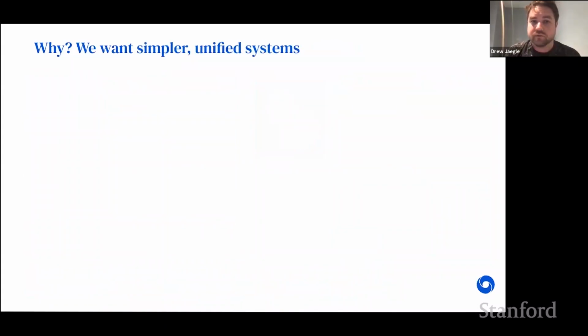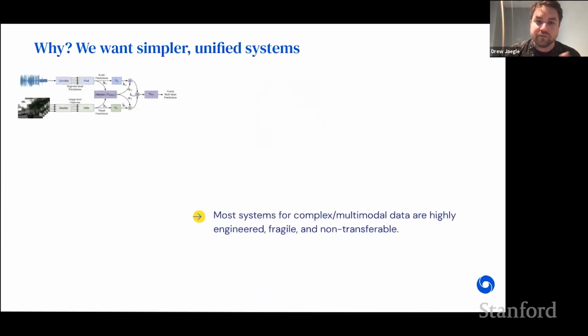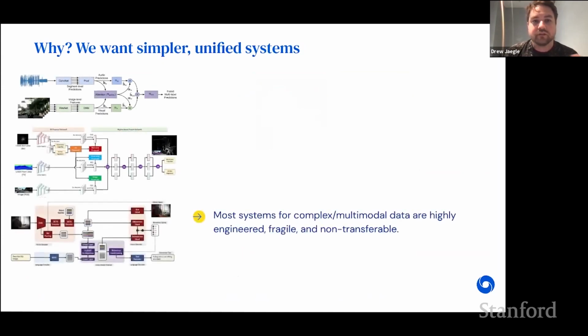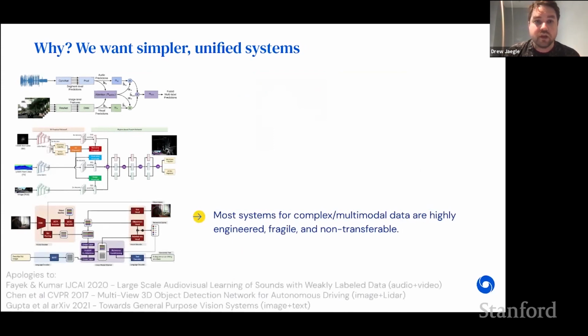There's another practical argument for why we should work on general purpose architectures, and that's because it will allow us to build simpler, more unified systems. So if you look at how complex multimodal data streams are typically approached in the sensory, computer vision, or pattern recognition literatures, effectively the typical way this is done is by using inductive biases that we know hold for the individual modalities, and then engineer ways of combining those different subsystems.